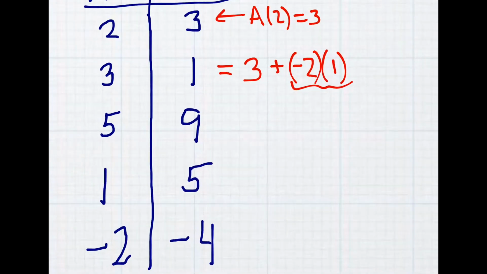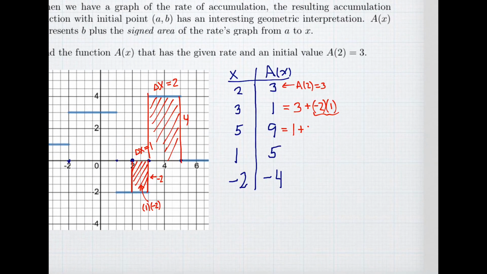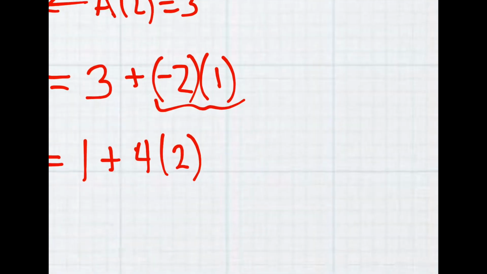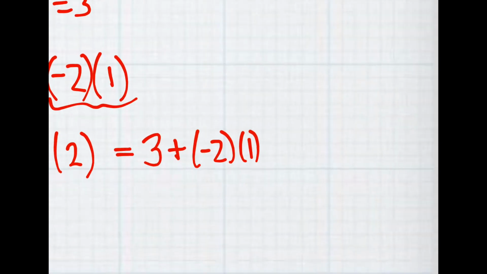And so I get a value here that was my old value of 1 plus delta x, my slope is 4, my delta x is 2, that's where that came from. And if I even thought about where the 1 came from, it was the original value all the way back at 2 plus the first little block and the second block.